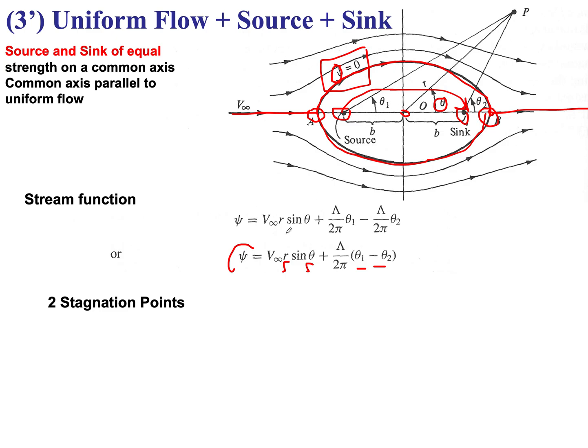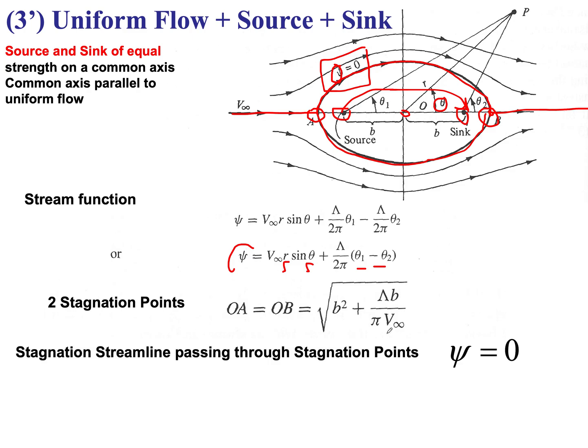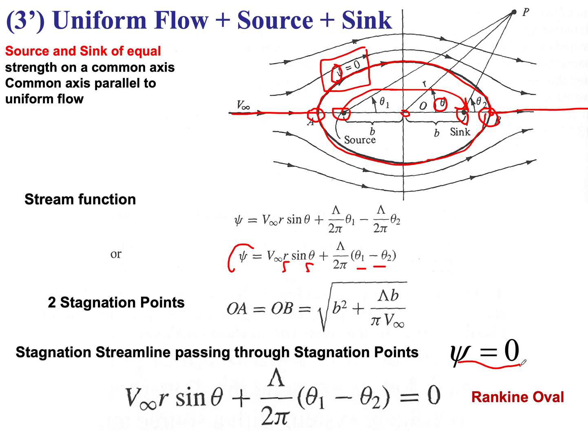So as we said, we found the stagnation points A and B, and we find the distance from point O, the origin, to A and B, and this is that distance: square root of (b squared plus m b over pi V infinity). Then we find the value of the stagnation streamline, which is 0, and then we find the equation that describes this stagnation streamline.